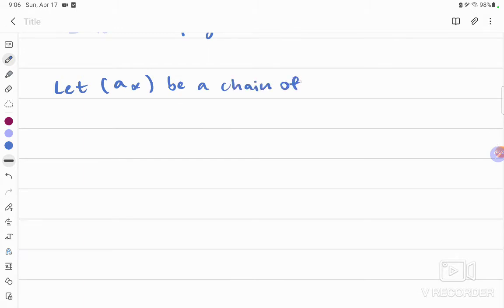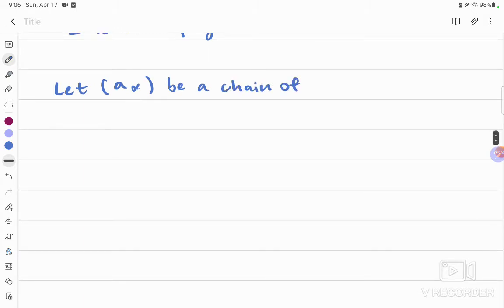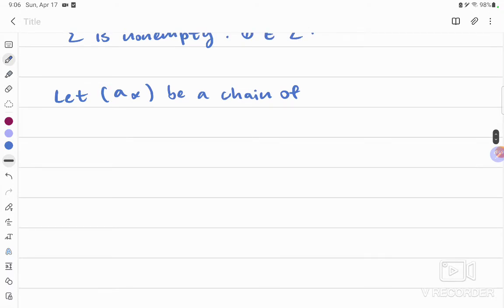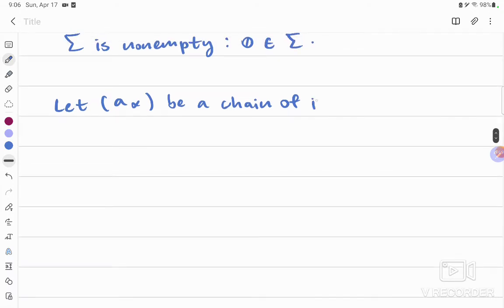It's going to be some sequence of ideals that are included in one another sequentially, indexed by this alpha. Now, all we want to show is that every chain has an upper bound. So how are we going to formulate some upper bound here?